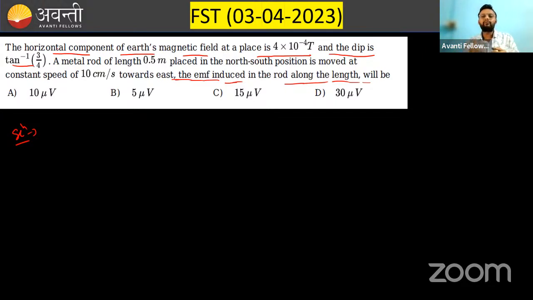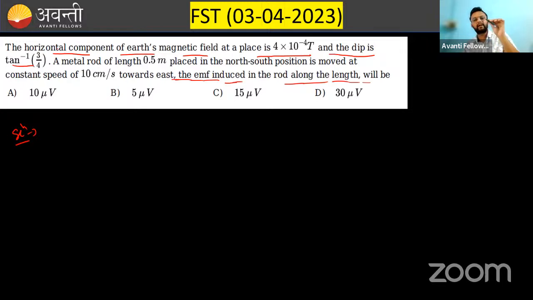Now again the angle of dip says that direction is south to north, but it is inclined by this angle, tan inverse 3 by 4.